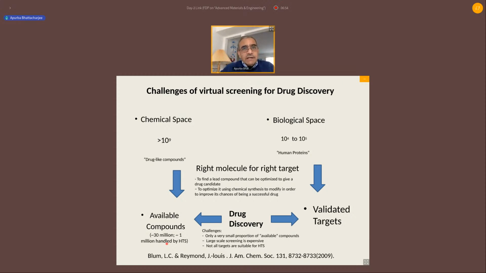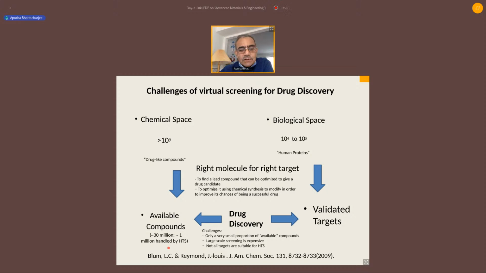All the compounds you choose have to be put in the high throughput screening for quick screening of their activity. That is also a very complicated process. It usually is done in a robotic way, but it takes a long time for 30 million to be achieved. So it is not a joke.